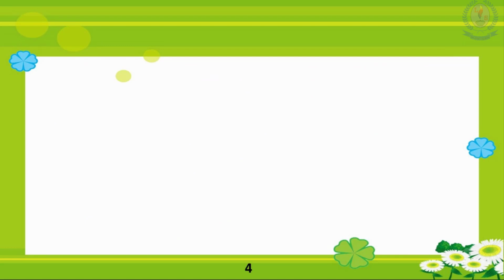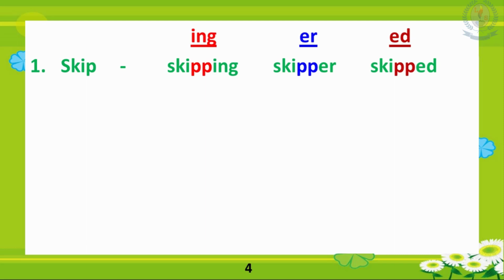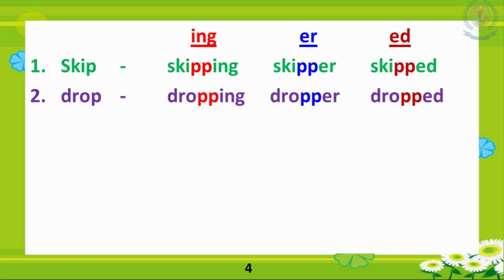Okay, my dear kids. Let's go through more examples to learn how to add ing, er and ed at the end of words when there is a vowel before the last letter. First one, skip. Skipping, skipper, skipped. Second one, drop. Dropping, dropper, dropped.